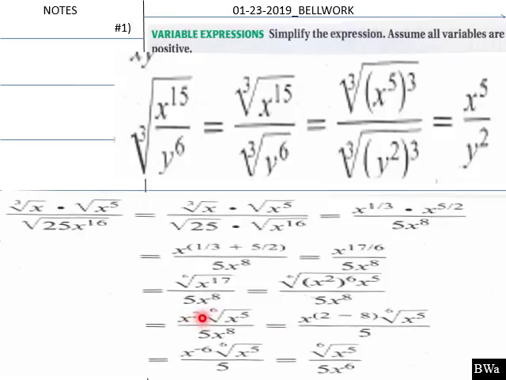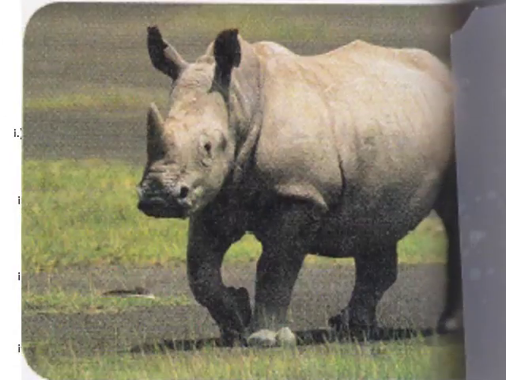And then for this power, we use the quotient property of exponents, x to the 2 minus 8, with the 6th root of this. And then we have x to the negative 6, 6th root of that. Then the 6th root of x to the 5th over 5x to the 6th. This flips down because of the negative exponent. And then this is our finished product.